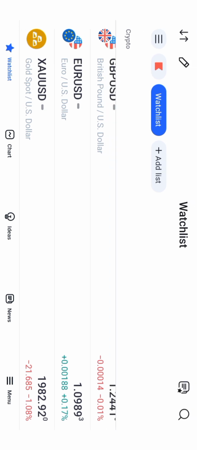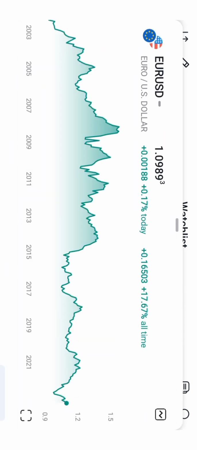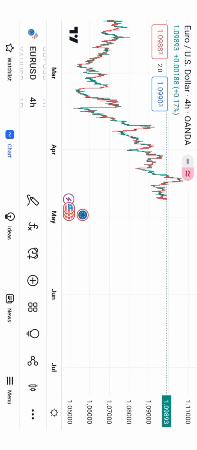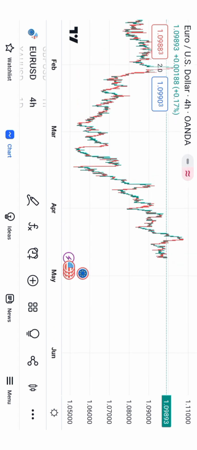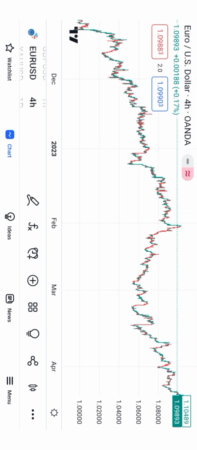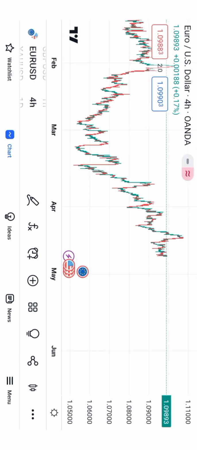So let's take the first one, Euro USD. If you click on Euro USD, this is what we are going to have as our chart. What I want you to understand is the direction of the market, how the market moves. It is very simple. I'm using some trend lines and arrows to illustrate the market. Basically, the market has been in an uptrend.